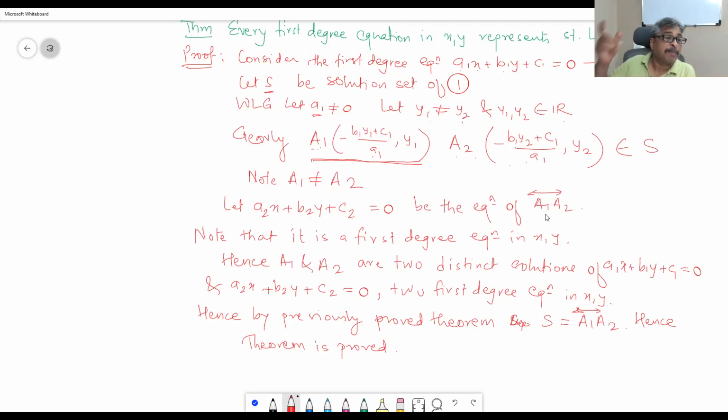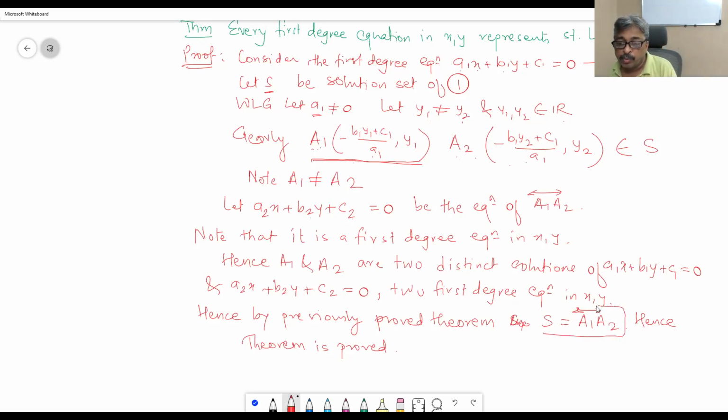Therefore, it satisfies the requirements of the previously proved theorem. Exactly the same situation. Both these equations are linear in x and y. Therefore, S must be equal to line A1A2. That is the final statement that we are writing here.